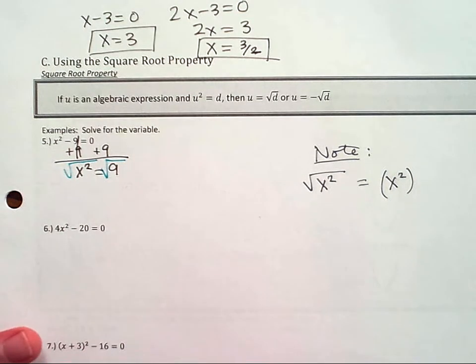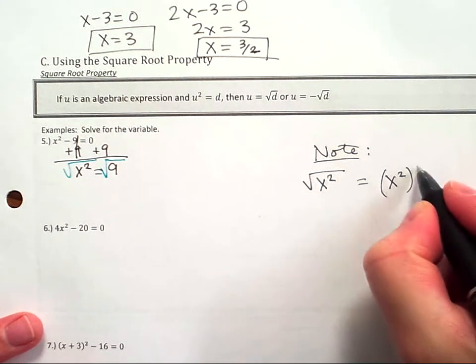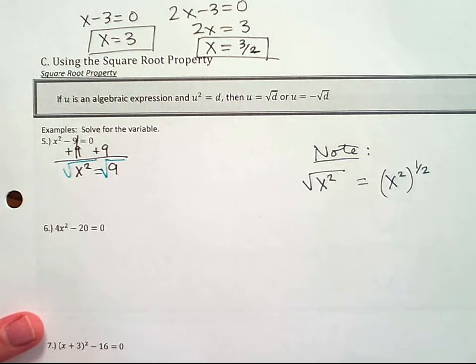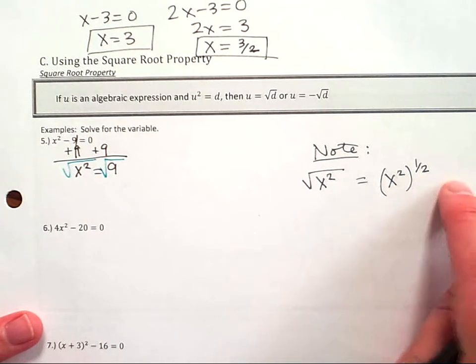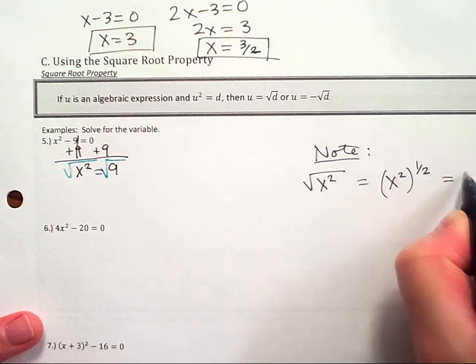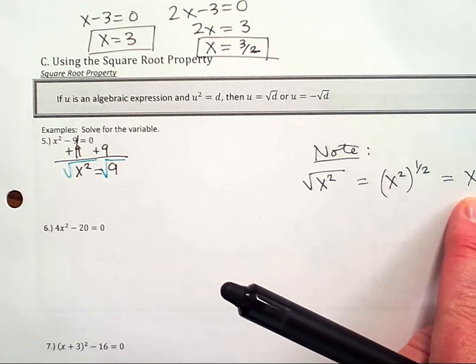Half. Not squared, it's half. And then by rules of exponents, you multiply these. 2 times 1/2 is 1. So that's why we take the square root, because it's rules of exponents.